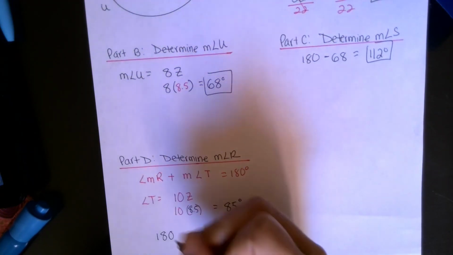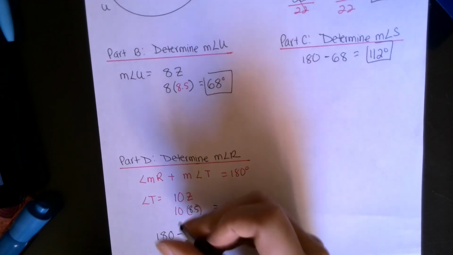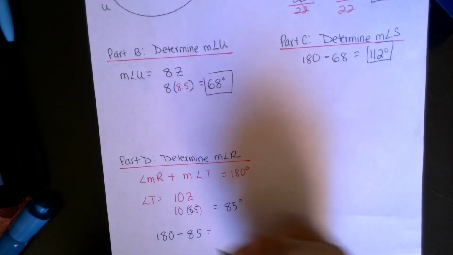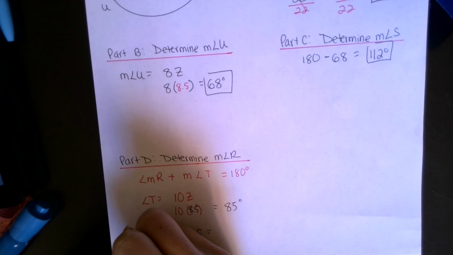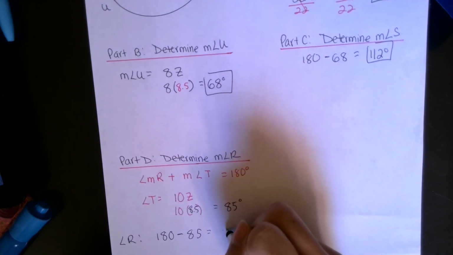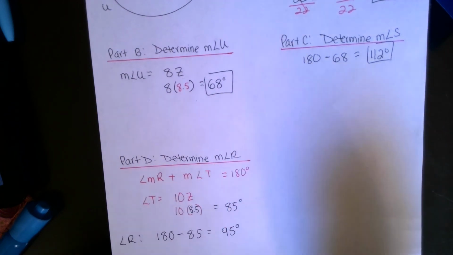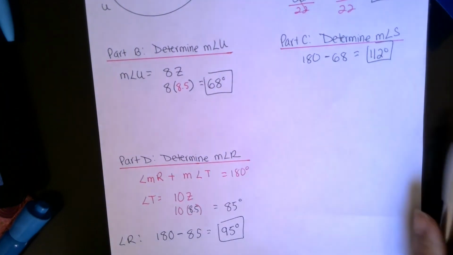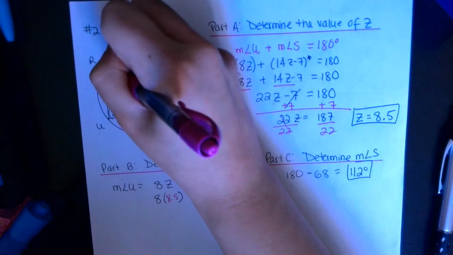So just do 180 minus 85. That gives me the angle R, which is 95 degrees, because when you add up these two angles, they should give you 180.